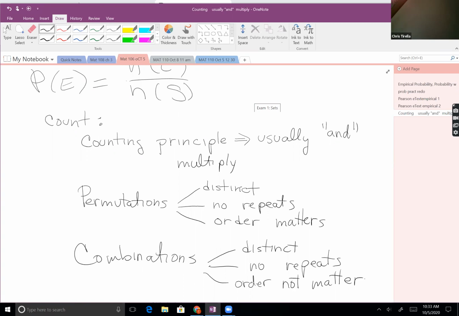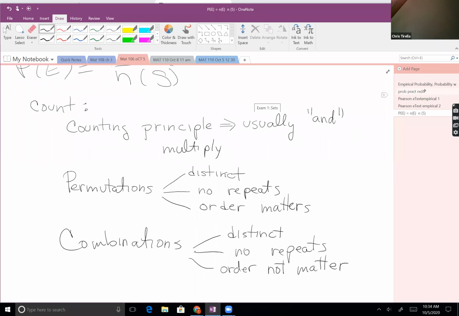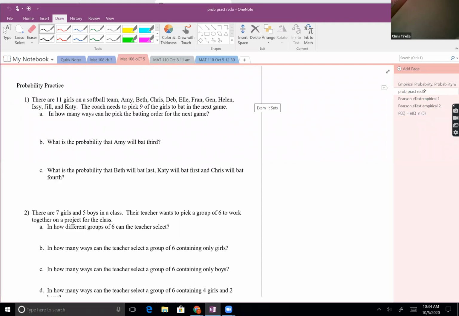So let's go through and see how this works with permutations and combinations. Now I'm going to go to that probability practice problem handout.